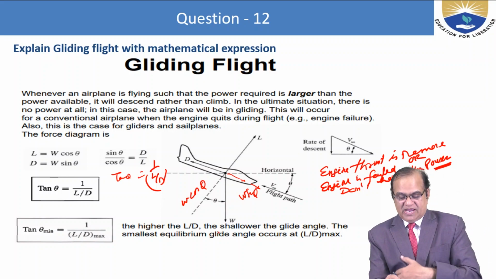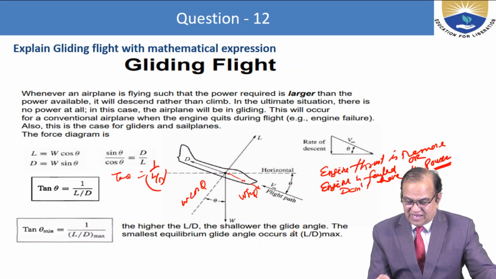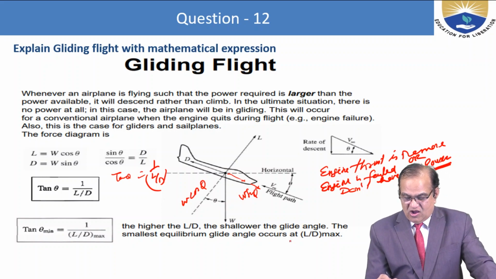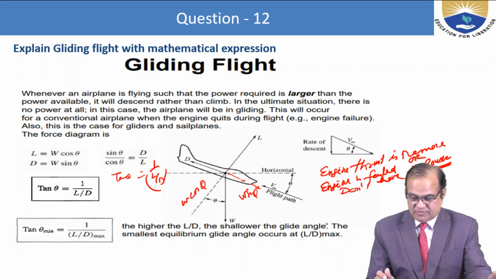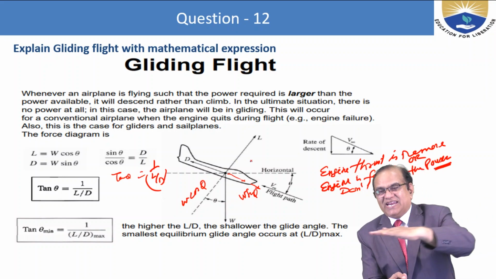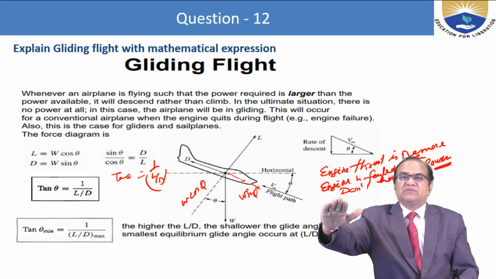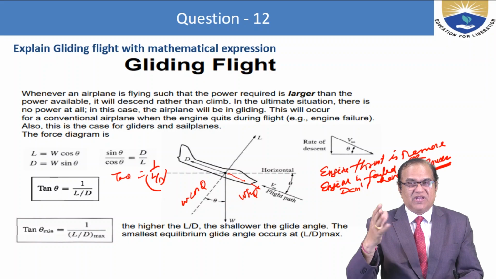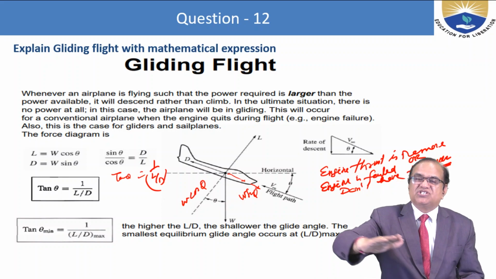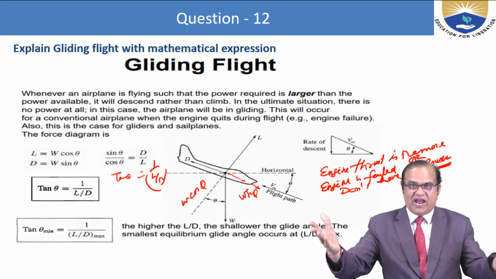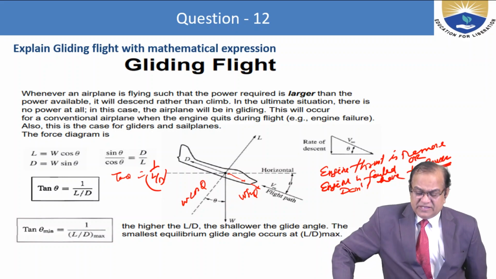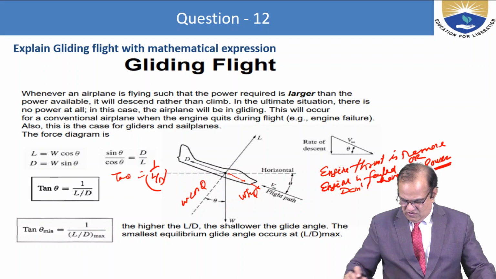The higher the L by D, the shallower the glide angle. The smallest equilibrium glide angle occurs at L by D maximum. If you want to go a long range, with ground distance maximum, your tan theta should be minimum. With the minimum theta, that much distance you can cover. You can find out the place where you can land the aircraft. So this is called the gliding flight.